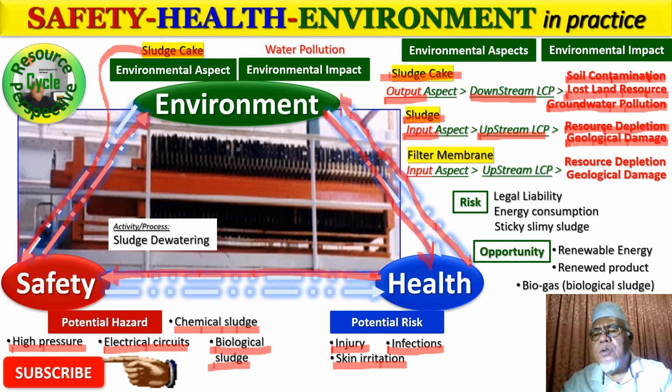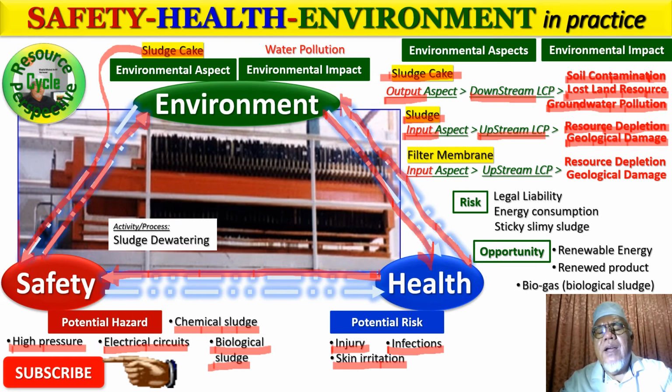These are all the interactions upstream that produce sludge eventually, because they came from production. They were raw materials, and these raw materials were initially coming from natural resources.